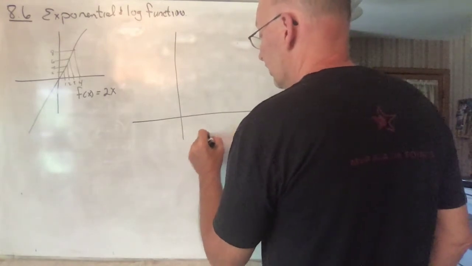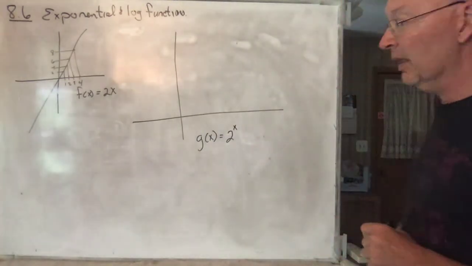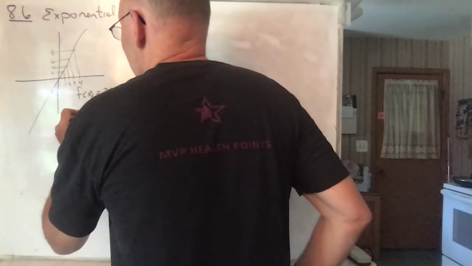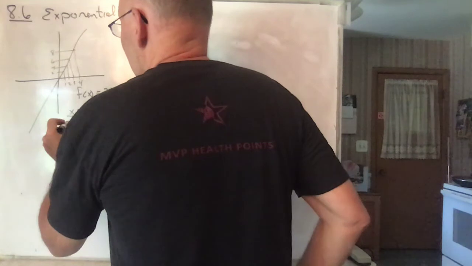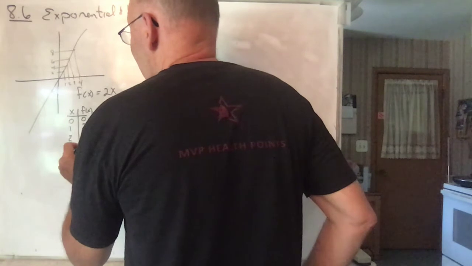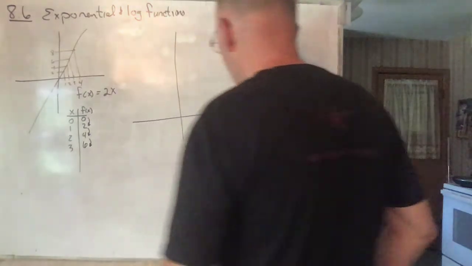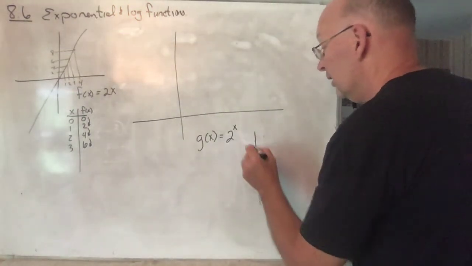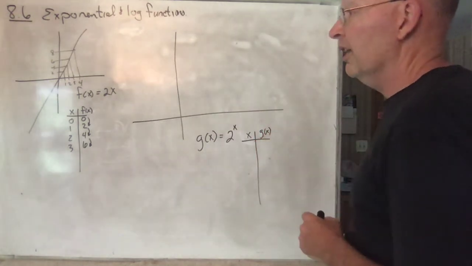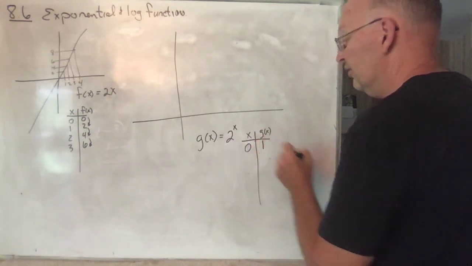Now let's graph g of x, let's call it, is equal to 2 to the x power. In this case, with f of x, x was 0, 1, 2, 3 and the values were 0, 2, 4, 6, so we added 2 each time. Now, as we think through what this is going to look like: if x is 0, then 2 to the 0 is 1.